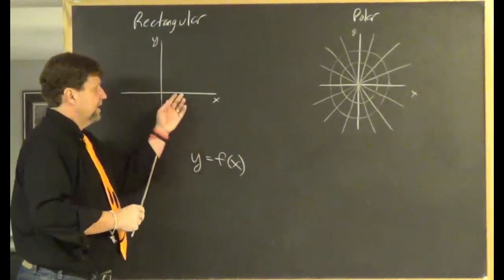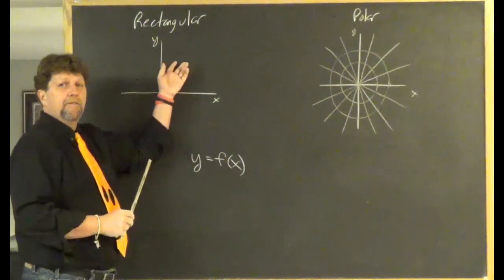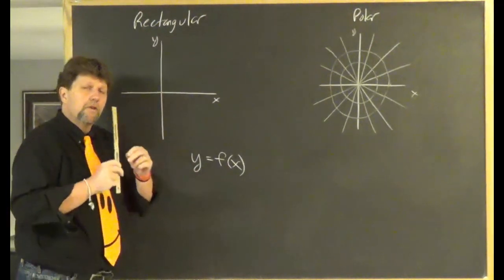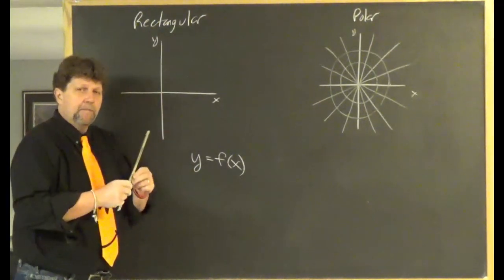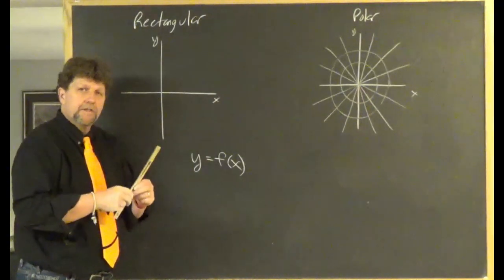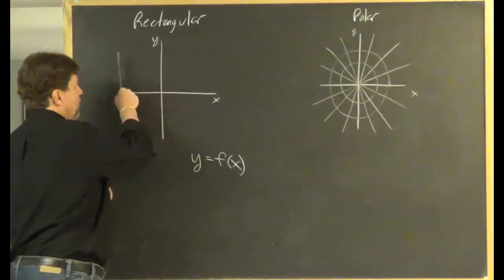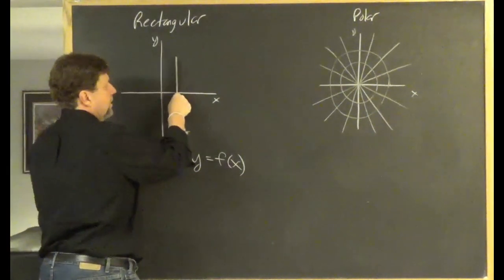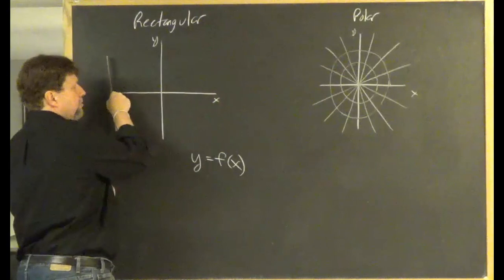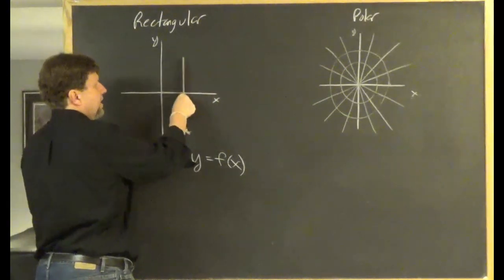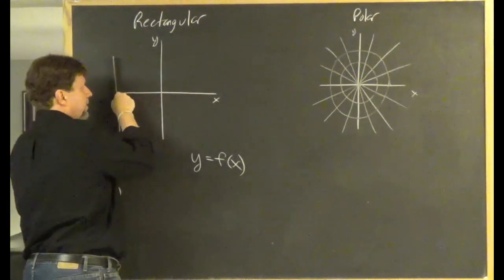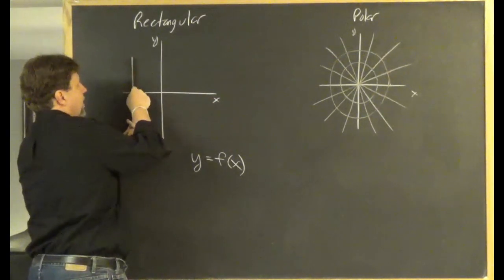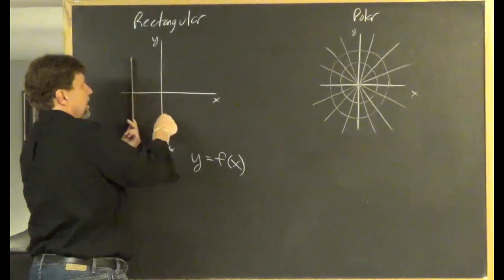Y is either the distance above the x-axis or below the x-axis. So here's what really has been happening when you've been graphing functions of x. You are moving from left to right, and as you move from left to right, you are tracing a graph that is either above the x-axis or below the x-axis.